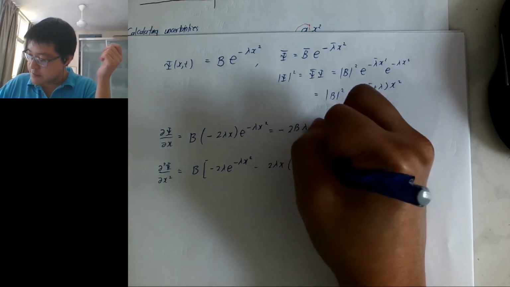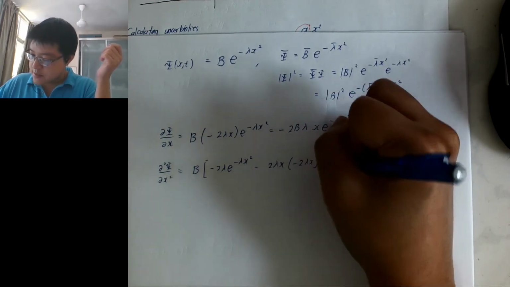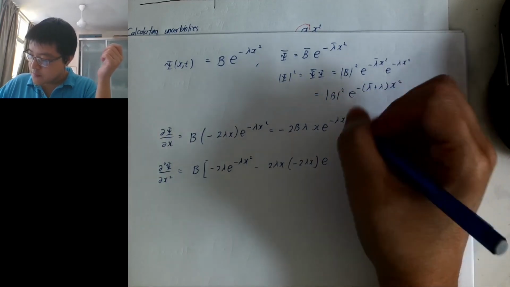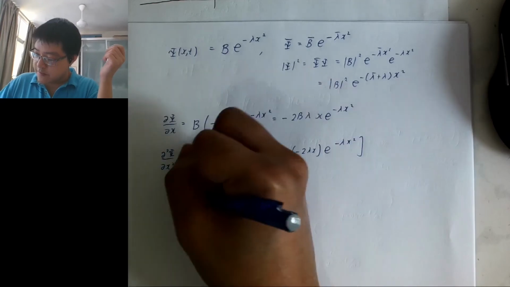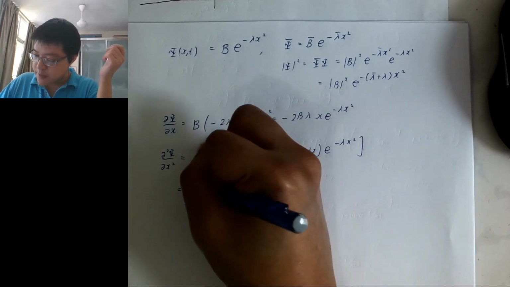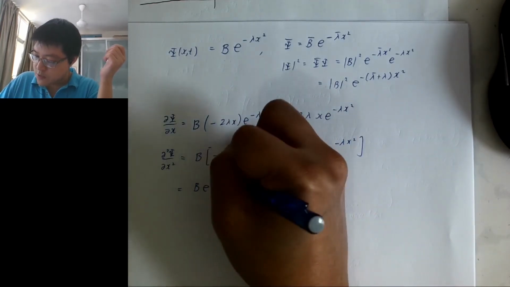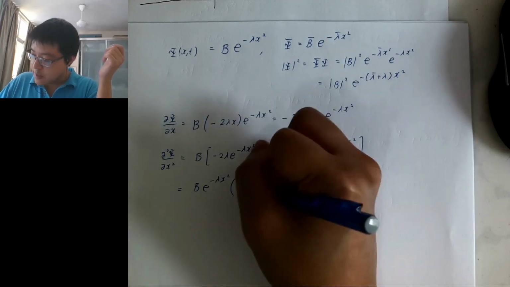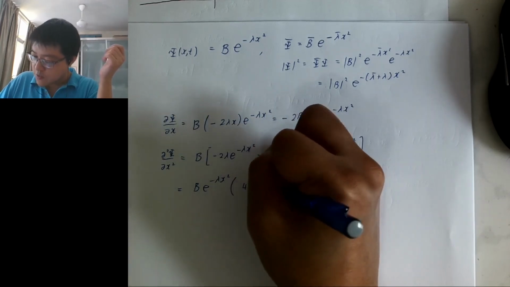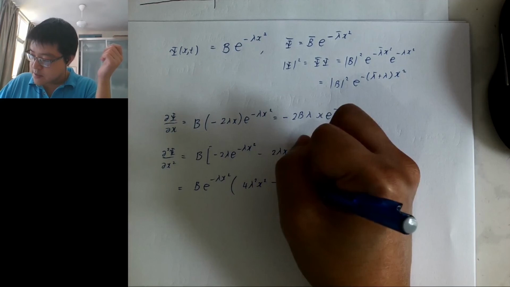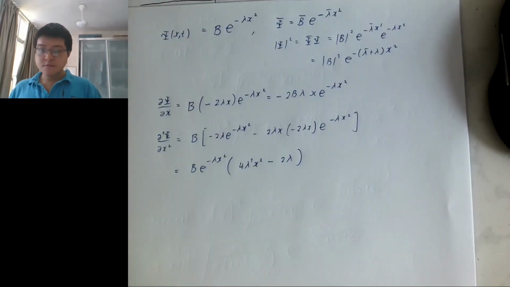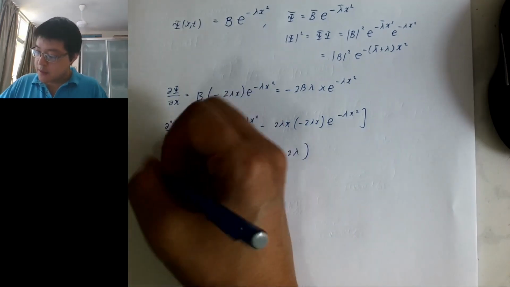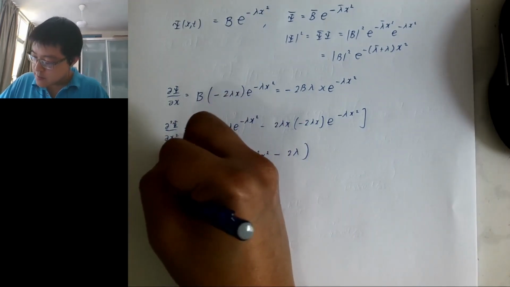Differentiating this gives me another 2 lambda x e to the minus lambda x squared. So if I simplify this, I get b e to the minus lambda x squared times (4 lambda squared x squared minus 2 lambda). Later we'll also need this.